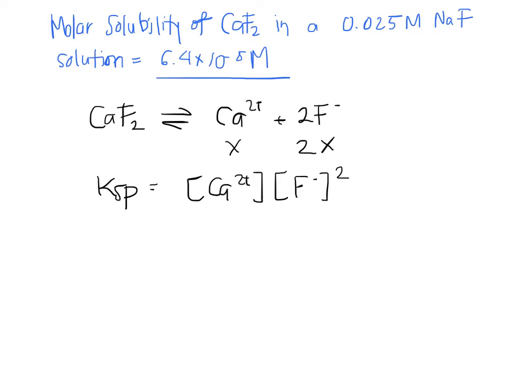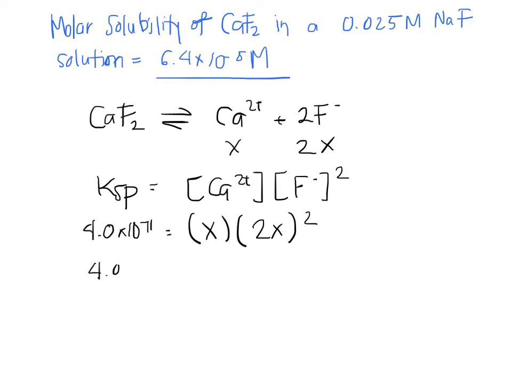Okay, so now I'm just going to substitute my numbers in to solve for x. From the previous question, the Ksp is 4.0 times 10 to the negative 11 equals, now calcium is going to be x, and this is 2x, and we have to square that.